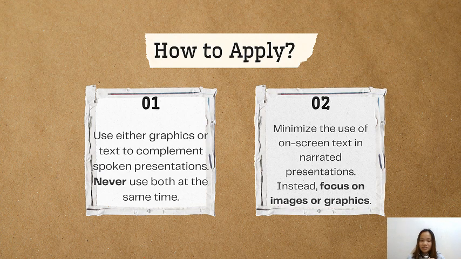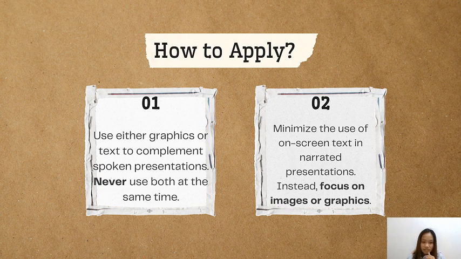Next step, minimize the use of on-screen text in narrated presentations. Instead, focus on images or graphics. Just like what I stated earlier, there are a lot of common mistakes among presenters that they read from the slides.